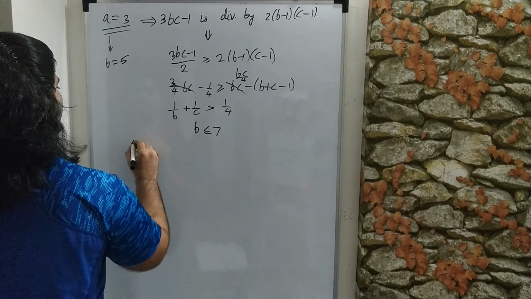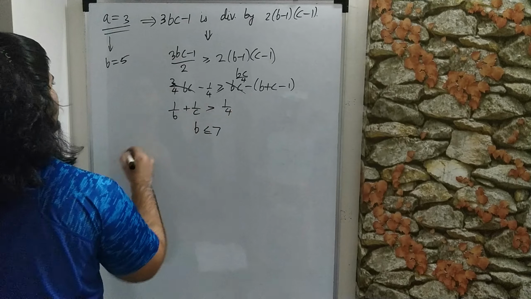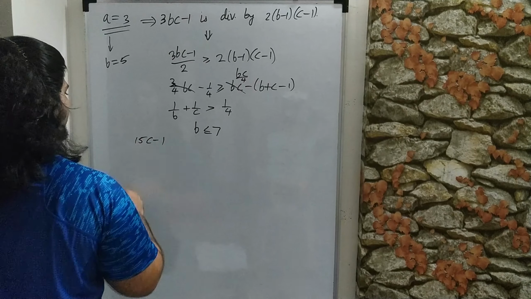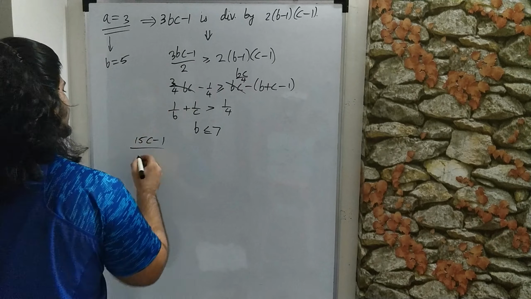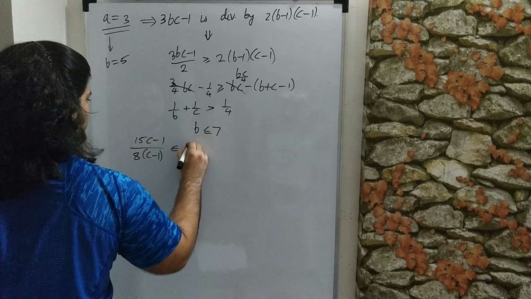B equals 5, so we get abc minus 1, so that means 15c minus 1 over (a minus 1)(b minus 1)(c minus 1), so that is 8(c minus 1), is a natural number.